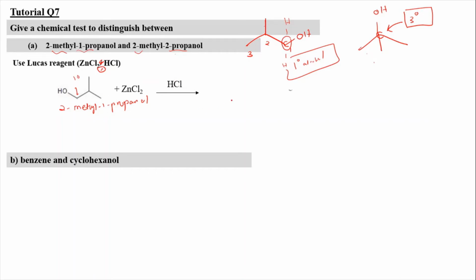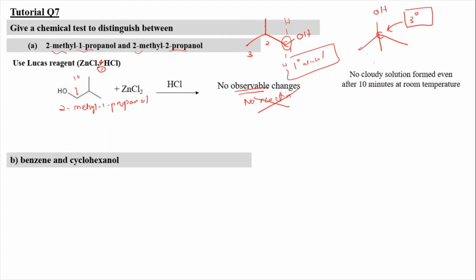So we can say that there are no observable changes. Please don't write no reaction, because for an identification test, we are looking for the observation. So we need to write no observable changes: no cloudy solution formed even after 10 minutes at room temperature.